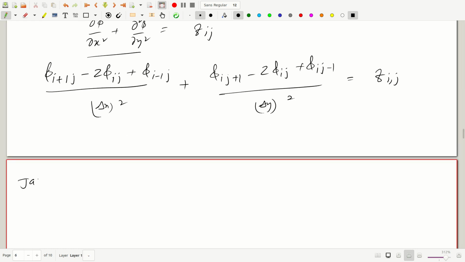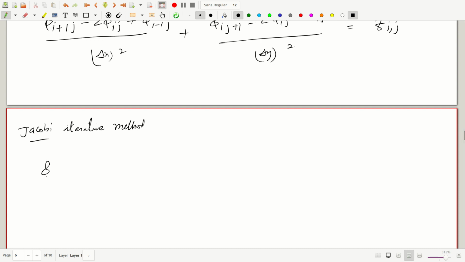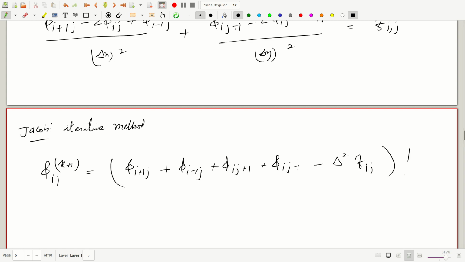If we choose the Jacobi iterative method, then we could write phi ij at k plus 1 as phi i plus 1 j plus phi i minus 1 j plus phi i j plus 1 plus phi i j minus 1, minus del square f of ij, and all of these divided by 4.